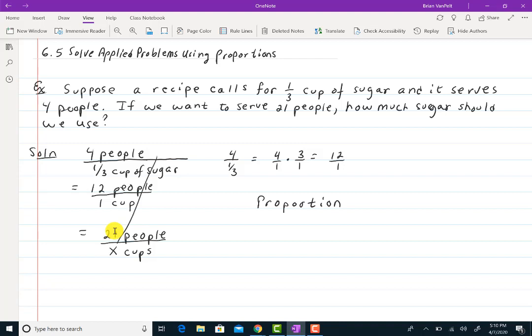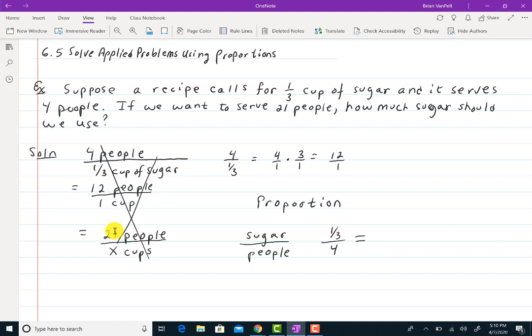So this stuff I'm going to X out. I'm not going to make use of it. Instead, what we're going to do is this. We know that if we look at sugar divided by the number of people, we know that we need 1/3 of a cup for 4 people.